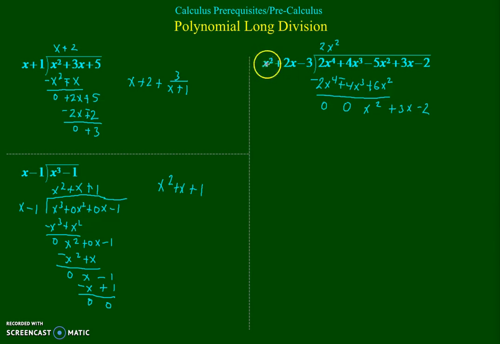What do we have to multiply this by to get this? Well, that's just 1. Multiply through. We have x squared plus 2x minus 3. Change the signs and add.